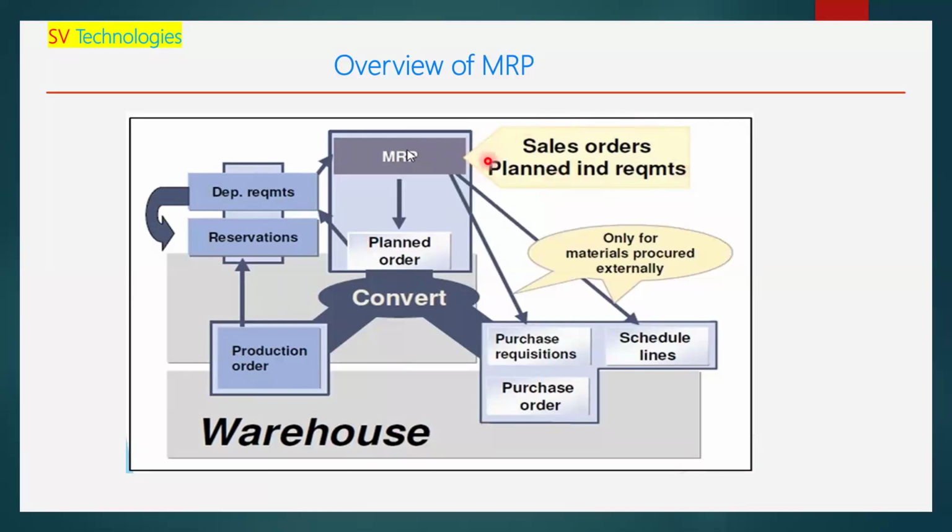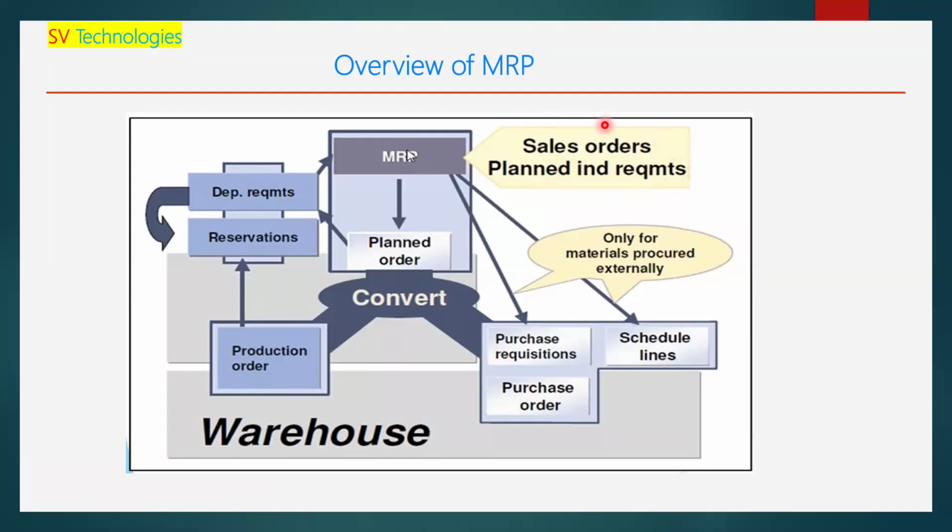When we discussed the type of production, for a make-to-stock production process, we created planned independent requirements or sales orders, depending on the status. Whatever output comes from demand management is nothing but your final production planning.